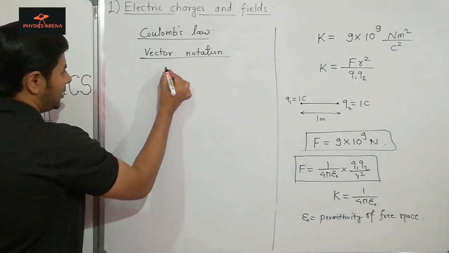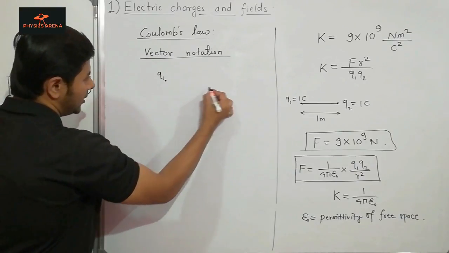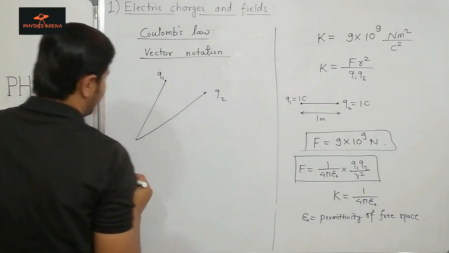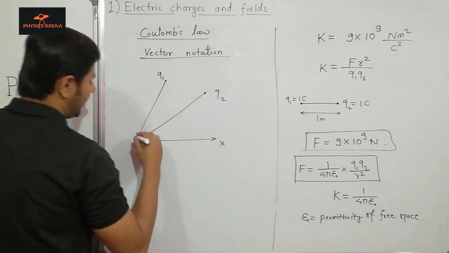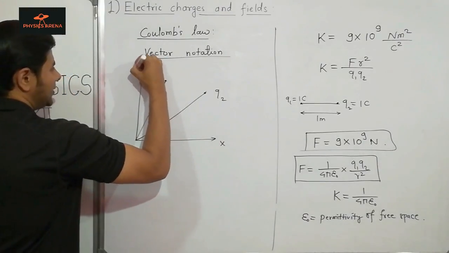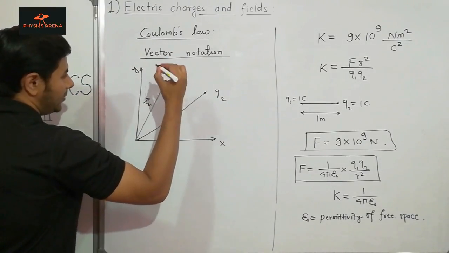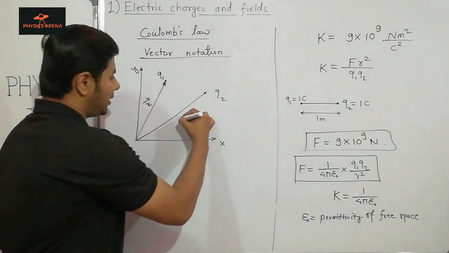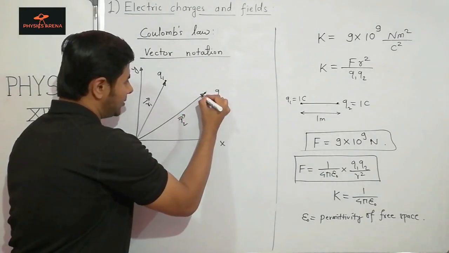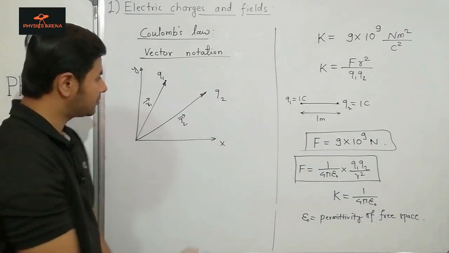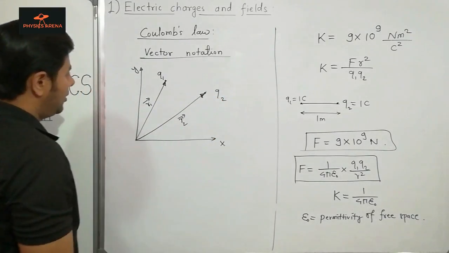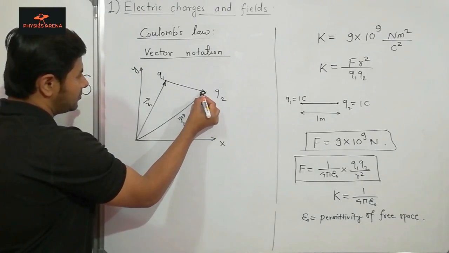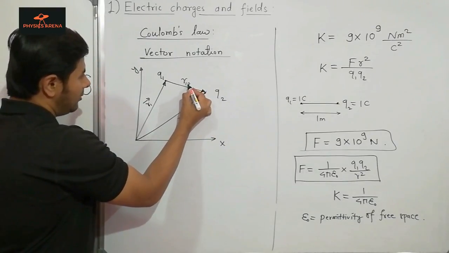Suppose again we have these charges Q1 and Q2, and suppose this is the x-axis, this is the y-axis, this is r1 bar, the position vector of charge Q1, this is r2 bar, the position vector of charge Q2, and this is the line joining the two charges, which we call vector r12 bar.